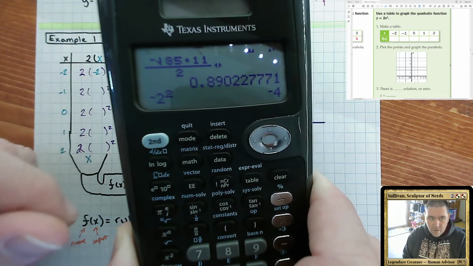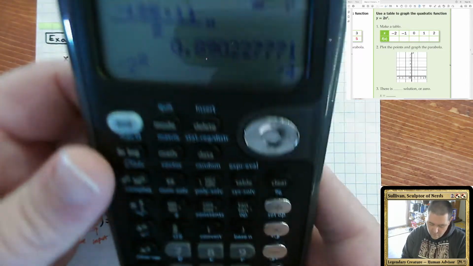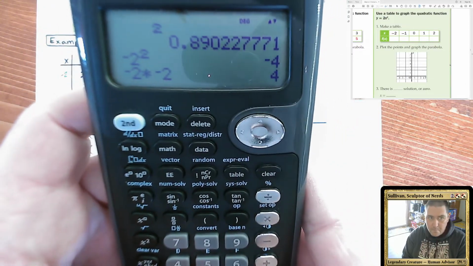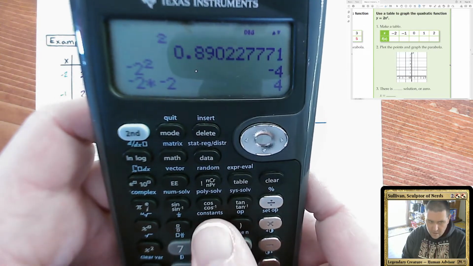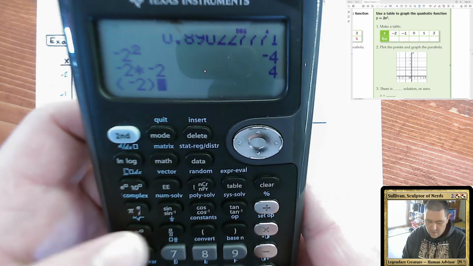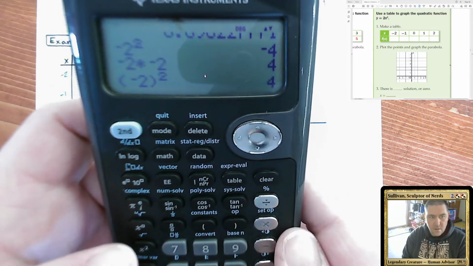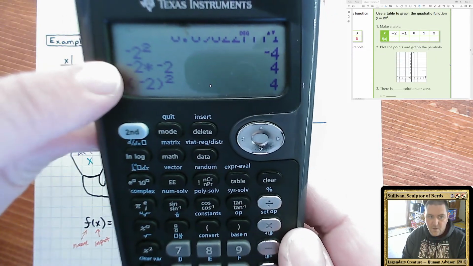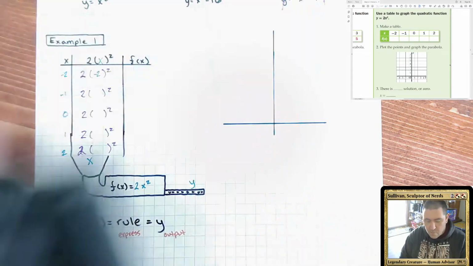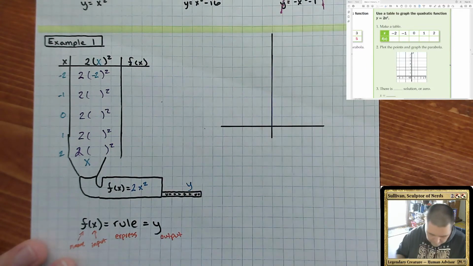Well, we know that when I square a -2, when I take -2 times -2, it should be a +4. That's why we need parentheses around stuff when we square it, because that says take the negative times a 2, then square it. Okay? So please make sure that you have the right things.